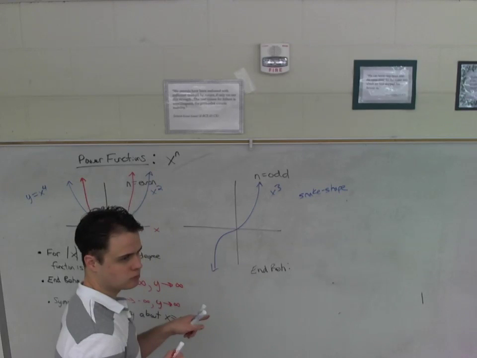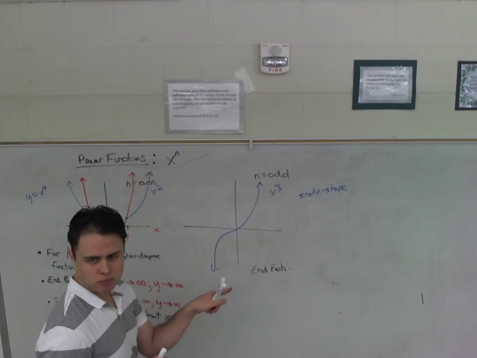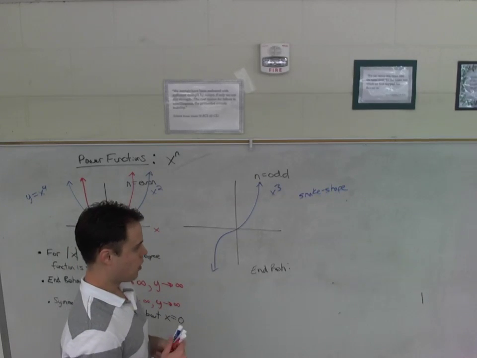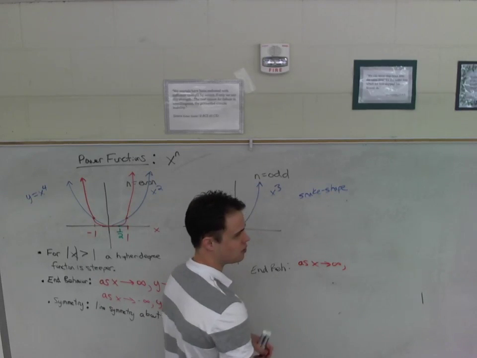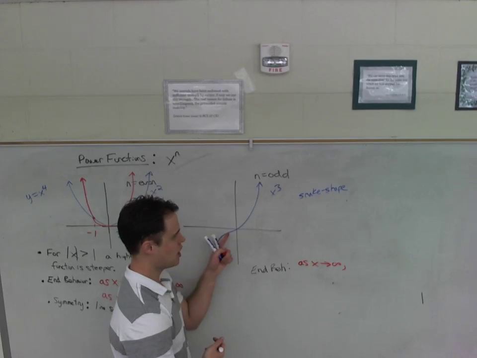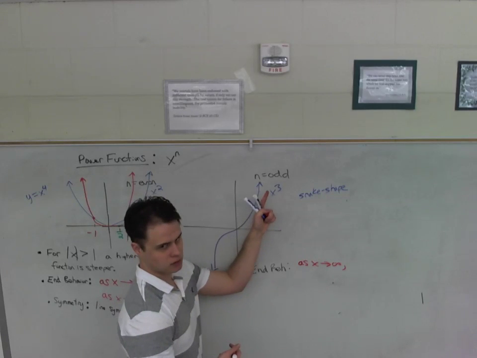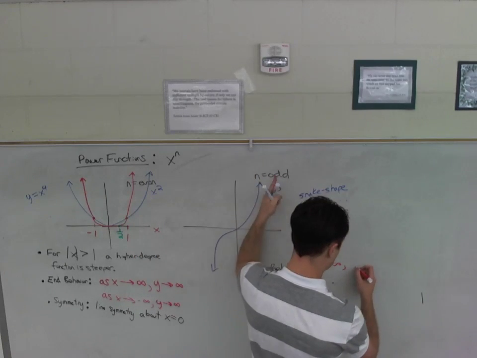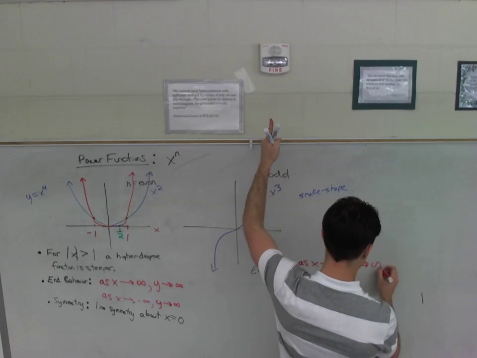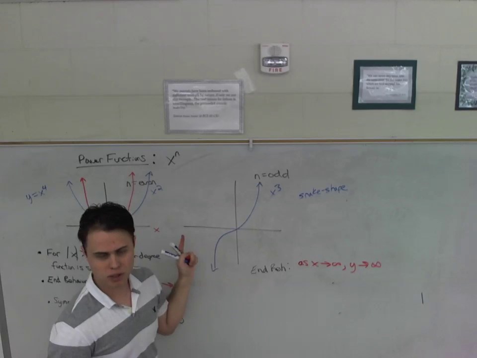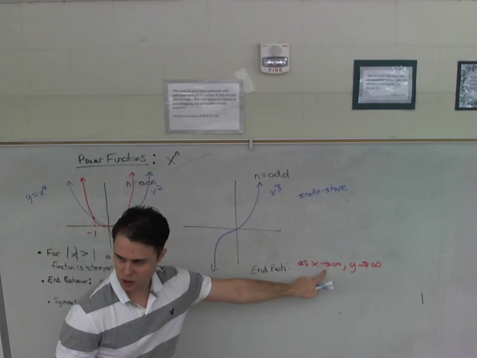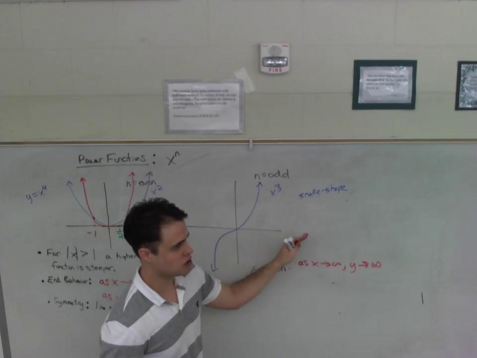Okay, end behavior of an odd-degree function. You guys help me with the end behavior of this. So as x approaches infinity, what happens? As we're riding along the blue curve, y approaches positive infinity.